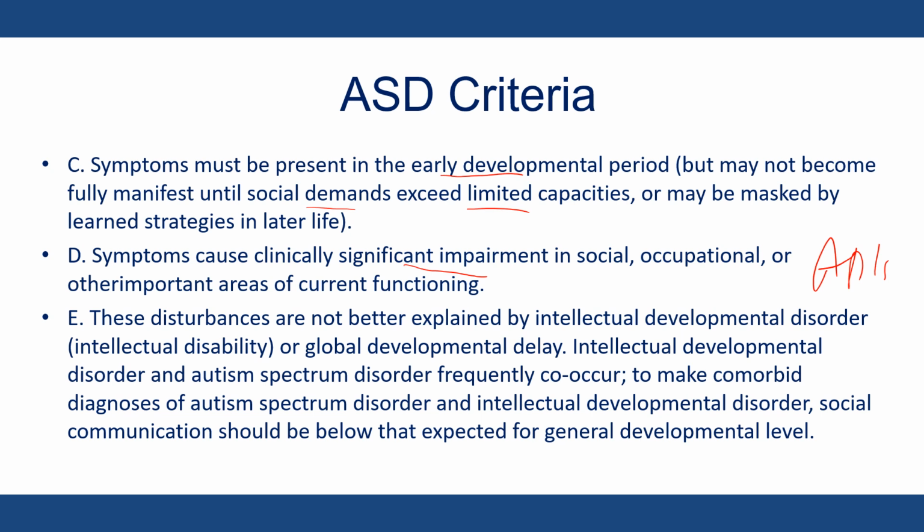And of course, we want to rule out other differential diagnoses, making sure these symptoms are not explained by something else, such as intellectual developmental disorder. That's the first one we did. Are they really meeting the ASD criteria, or is it a case of intellectual disability, or is it a global developmental delay? Especially if the child is under age 5, which most of these children are. Remember, the onset for ASD is by age 3 or so, right?